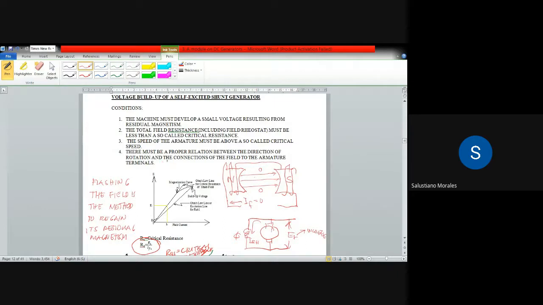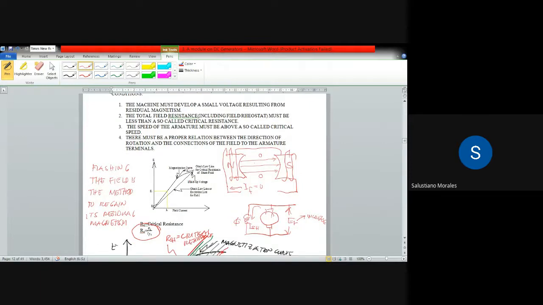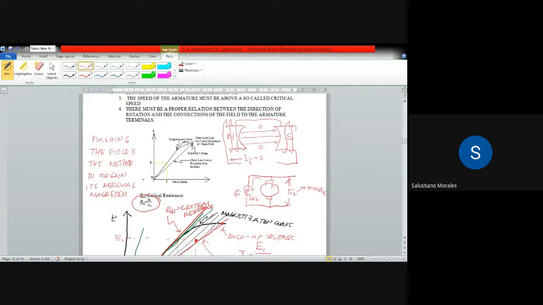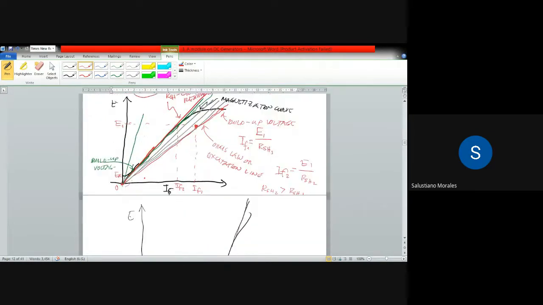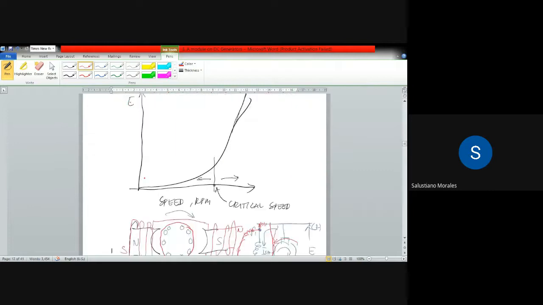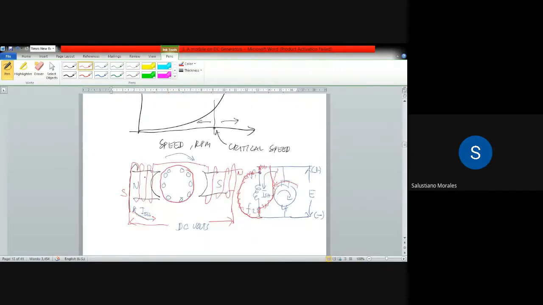But in the self-excited, kailangan makapag-start siya by meeting all these conditions. So if you could not meet any of these, then you cannot build up any voltage in the generator. So those are the four conditions to be met in order to come out with a voltage in self-excited generators.